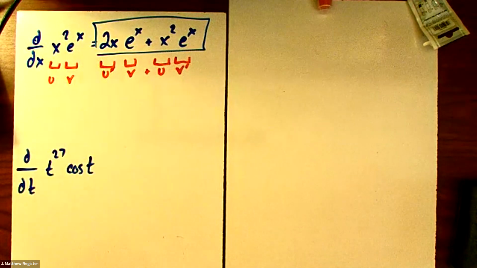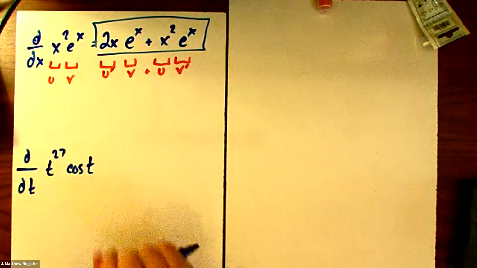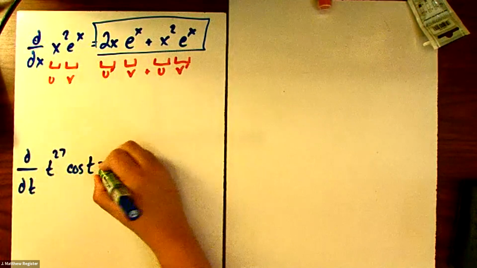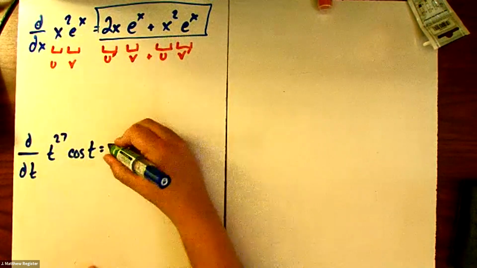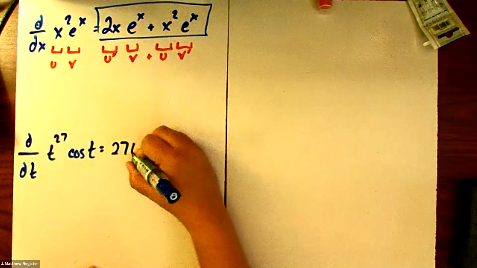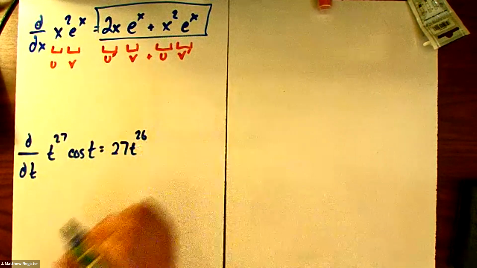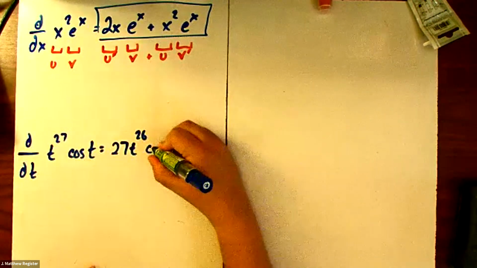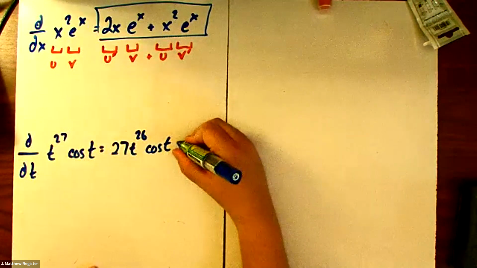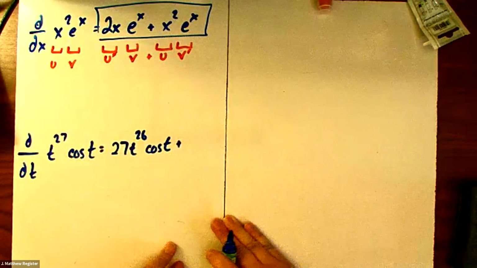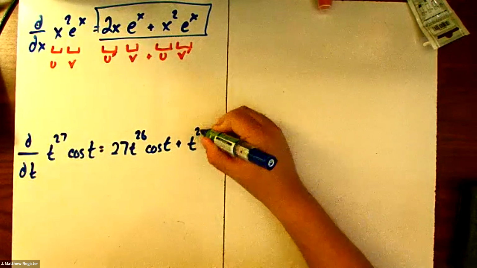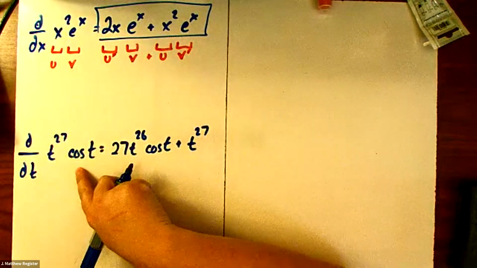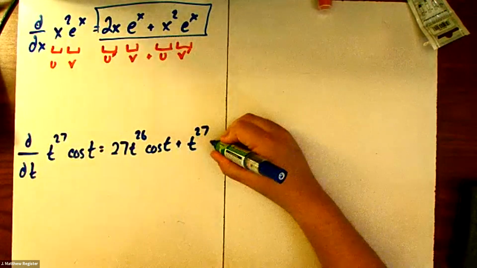Same with this one. Looking at the derivative of t to the 27th cosine of t, the derivative of t to the 27th would be 27t to the 26th times cosine of t, plus t to the 27th times the derivative of cosine, which is negative sine.